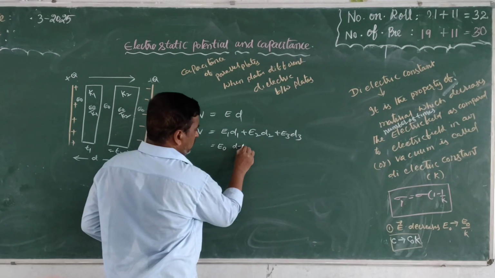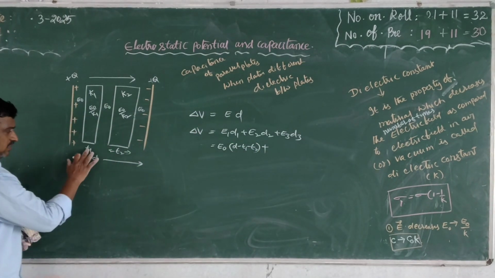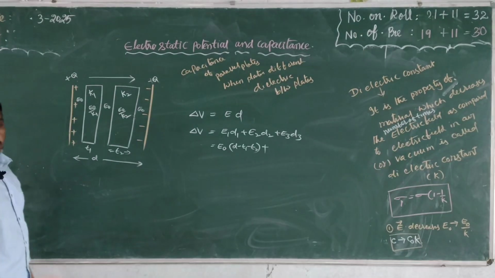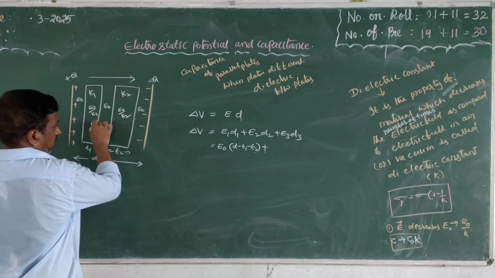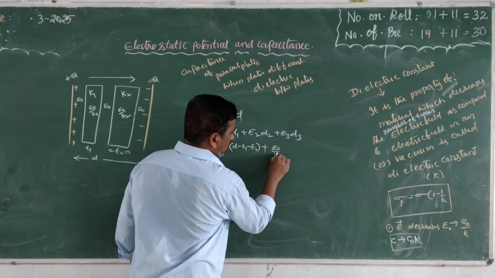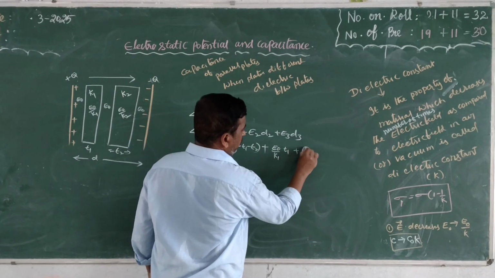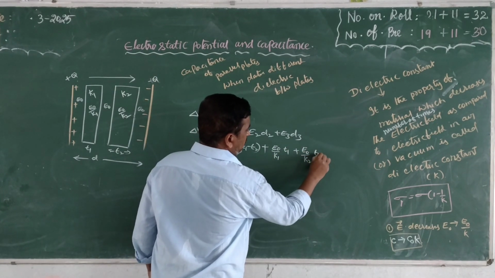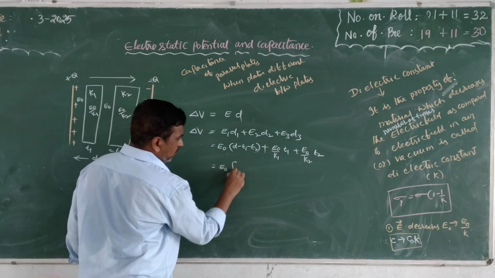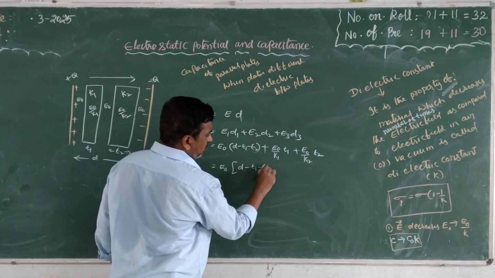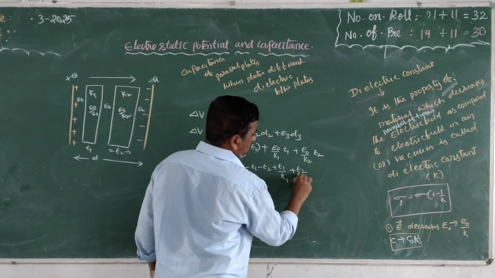This thickness we subtract from d, the remaining space we take. So I write here d minus t1 minus t2, plus E2 means E naught by k1, distance is thickness t1, plus E3 means E naught by k2, thickness is t2. Here all have E naught, so we take E naught common. We can write d minus t1 minus t2 plus t1 by k1 plus t2 by k2.